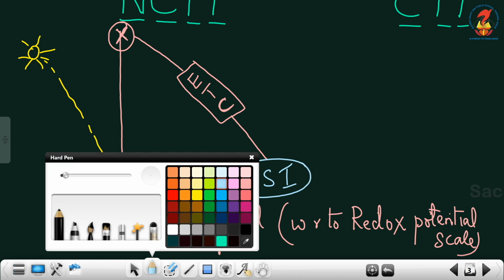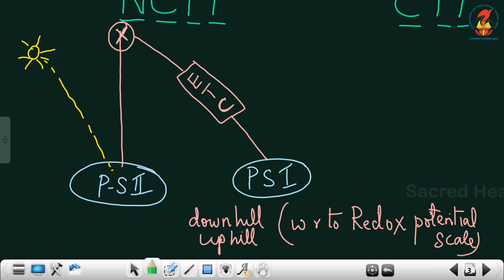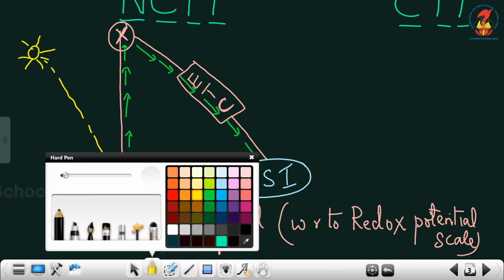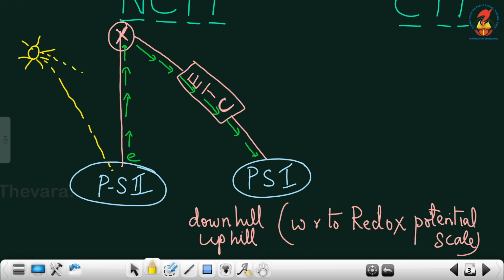Once again, an electron is emitted from photosystem 1. The electron gets excited, emitted, and is accepted by an electron acceptor X. Then this electron passes from that electron acceptor X through the electron transport chain, and where will it go? It goes to the next photosystem, which is simultaneously illuminated by the sun's rays.